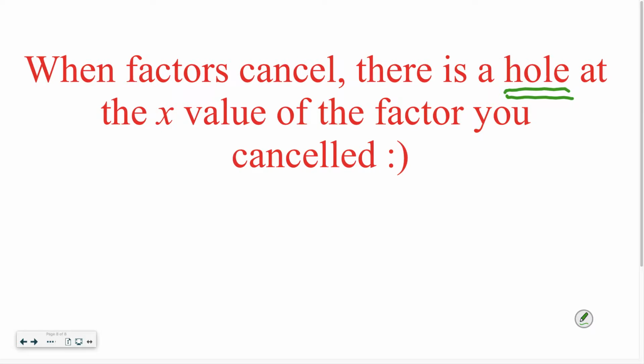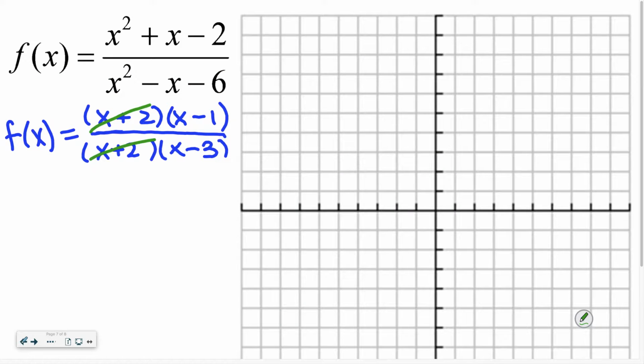But when factors cancel, there is a hole in our graph. So in this case, I'm going to write a note to myself. We have a hole at, since the x plus 2 factors canceled, x equals negative 2 is our hole. So we'll have to make sure we graph that. Okay?